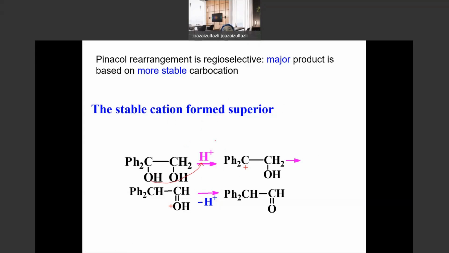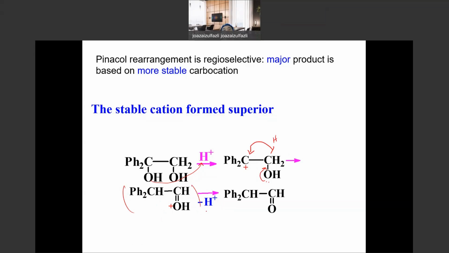And then loss of water to form a carbocation. And then movement of electrons from oxygen, and one of the hydrogens will migrate to this carbon to form this ion.